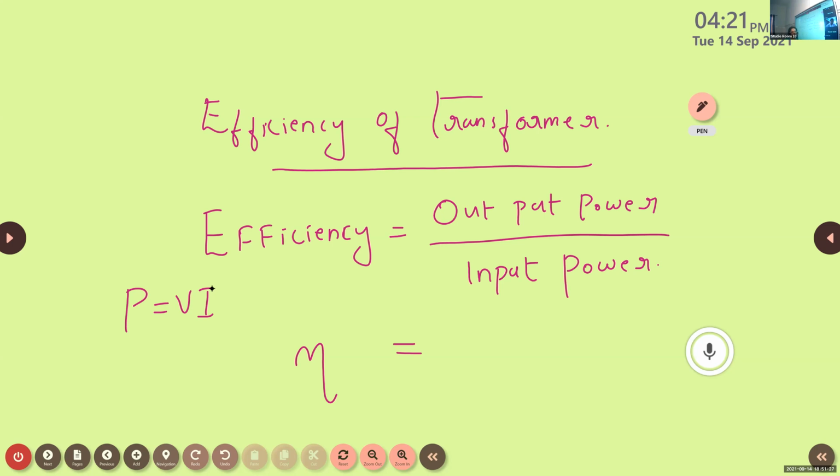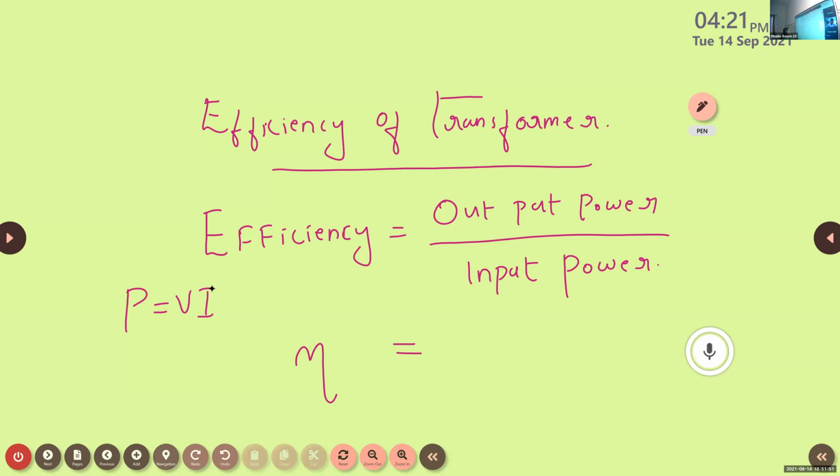A transformer mainly consists of two coils. One is the primary coil and the other is the secondary coil. The primary coil is a coil to which the energy is given. And what about the use of the secondary coil? The secondary coil is a coil from which we take the energy, or the output is derived from the secondary coil.